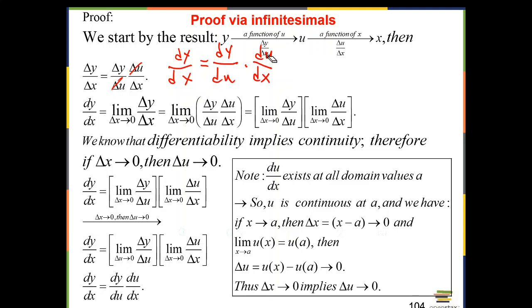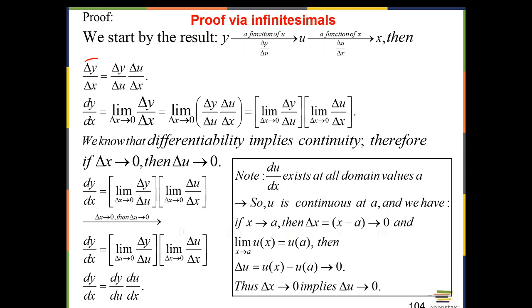Now these values are not just numbers, these are limiting values, so we can't just cancel them and say the answer is that. No, that's not how it works. You have to prove it. Here we can start with this idea, which is true, and take the limit of both sides when delta x goes to 0.